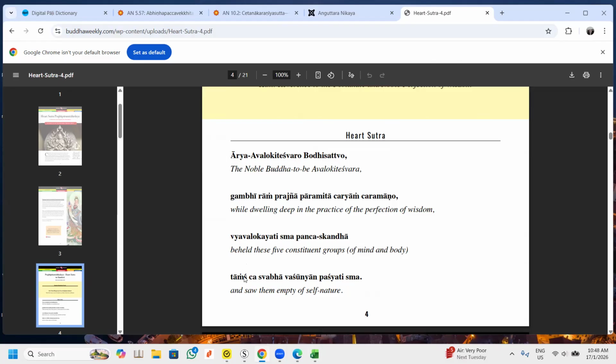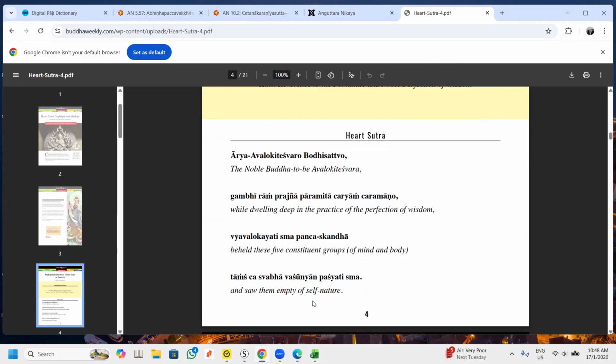This and this is a sandhi, you know. Saw them. Can you see the word sunya? Sunya is empty. Empty of what? Empty of svabhava. So you see, that means you say the five aggregates are empty of self-nature.